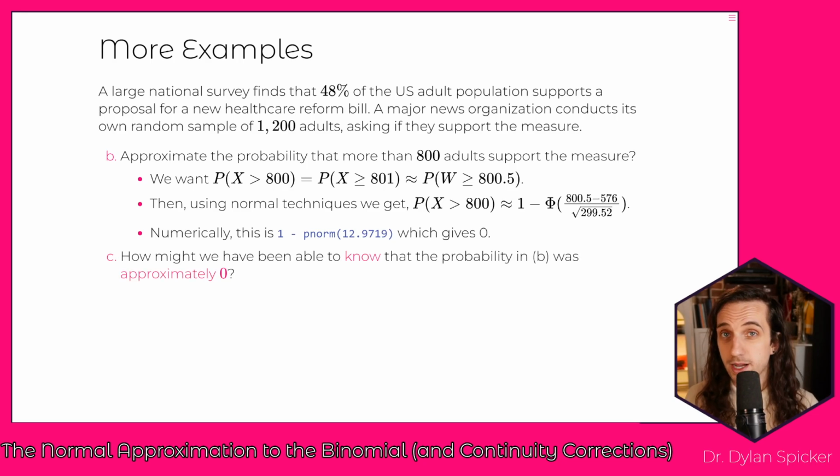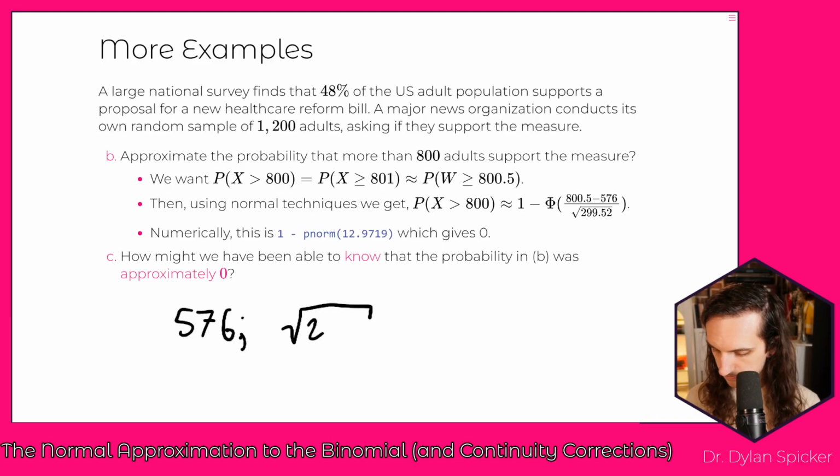Now, we can also ask, how might we have been able to know that the probability in B should have been approximately 0? Okay, and so if we think about what's going on here, right, we know that the mean of our normal distribution is 576, okay, and our standard deviation is going to be the square root of 299.52.